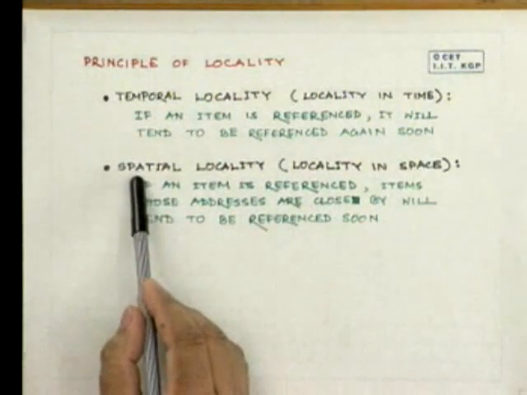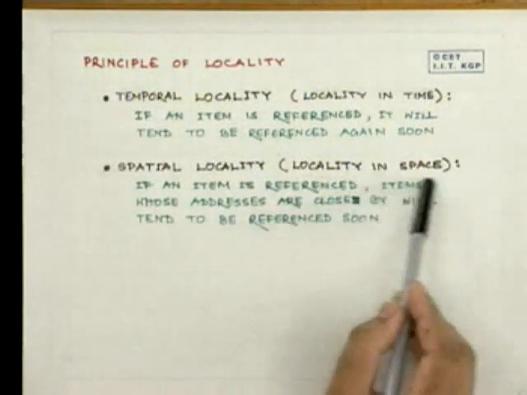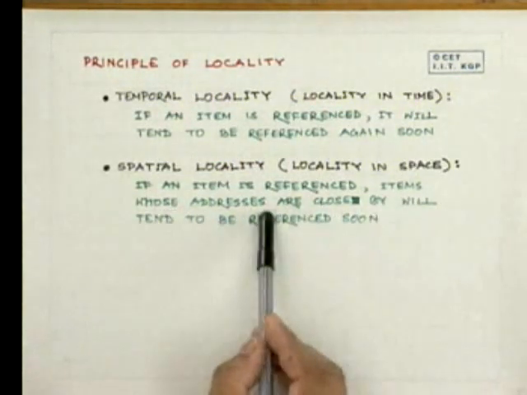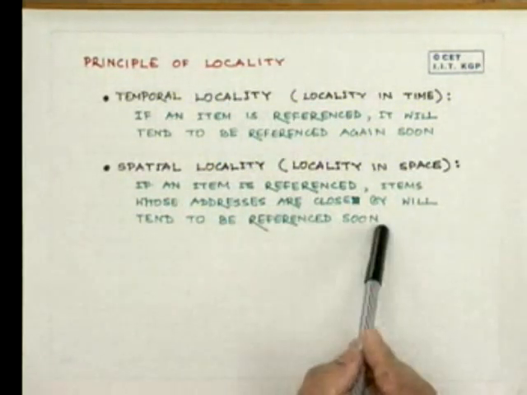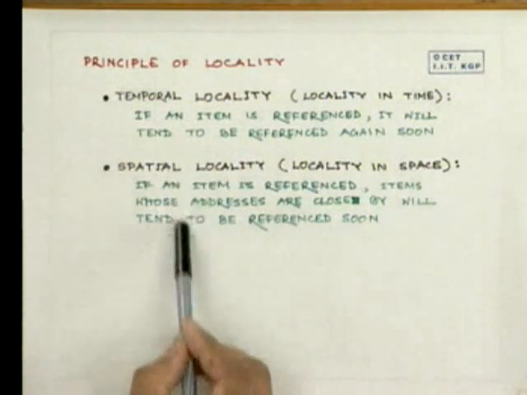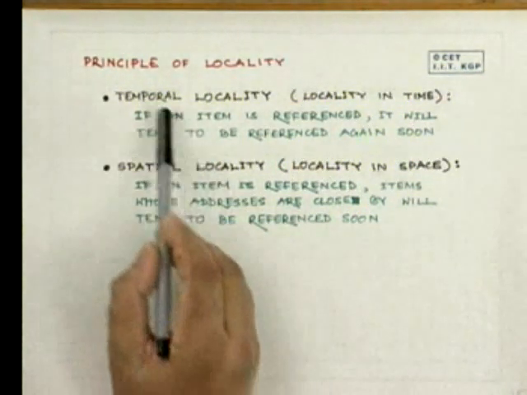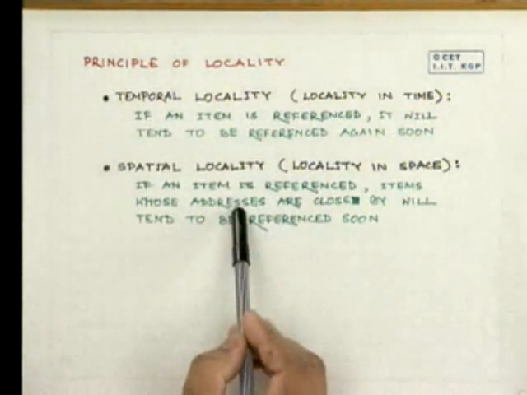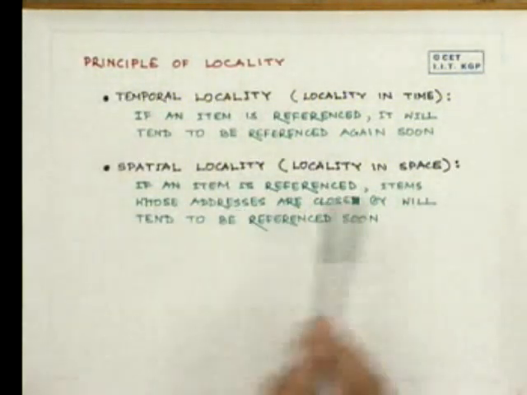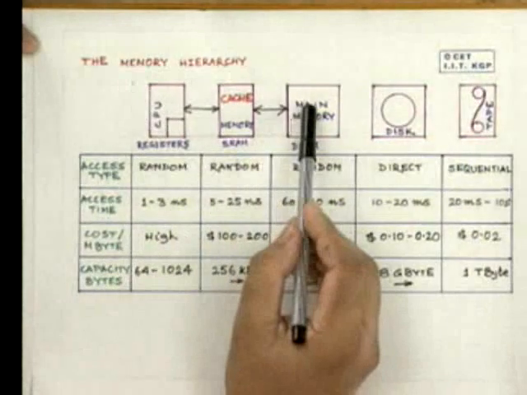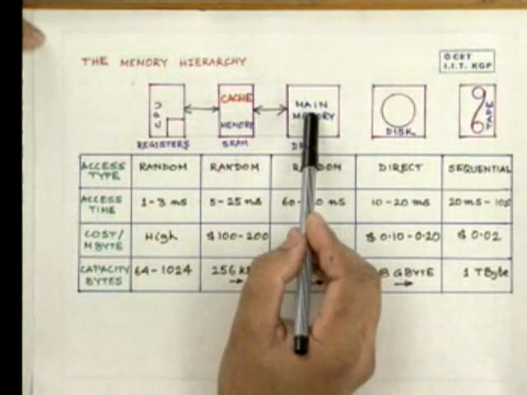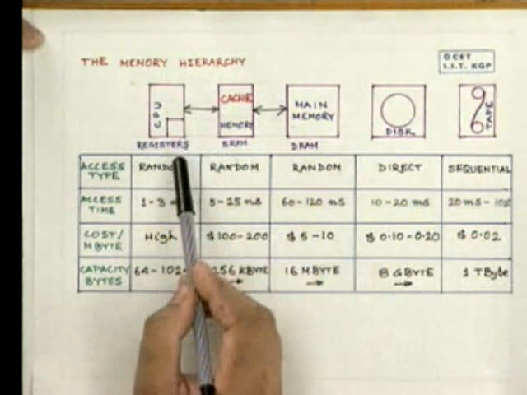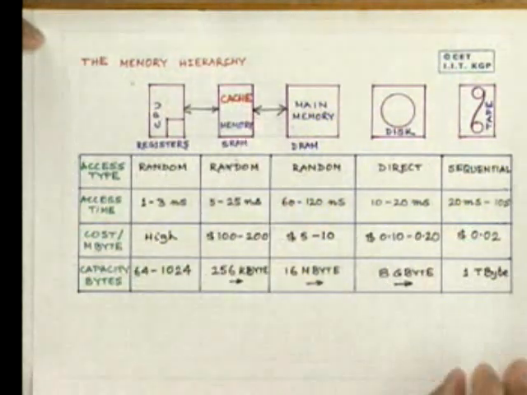The spatial locality, which is the locality in space, says that if an item is referenced, items whose addresses are close by will tend to be referenced soon. Because temporal and spatial locality hold in programs in general, we can bring a small portion of the program from the main memory into the cache and execute the program, keeping that portion in the cache.